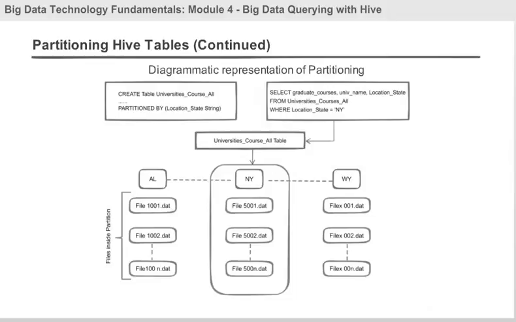This will allow Hive to skip all but the relevant subdirectories and data files while querying based on location. In our case, only the partition for the state of New York will be accessed when we run the query.